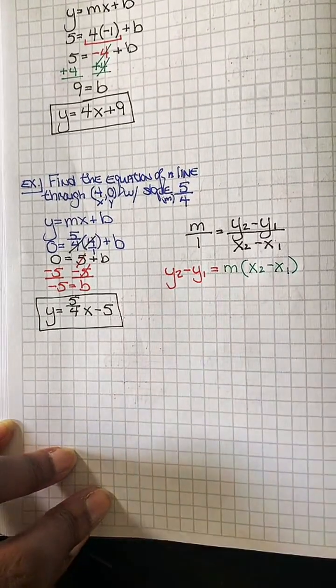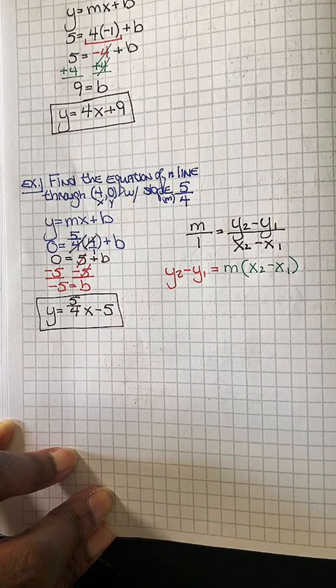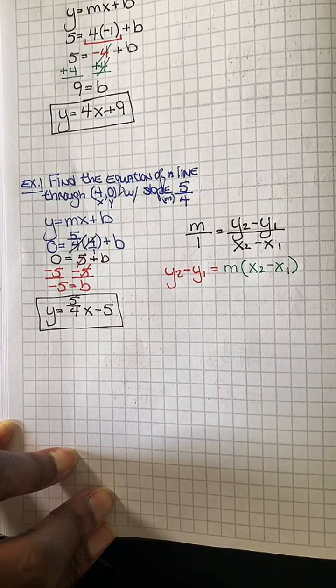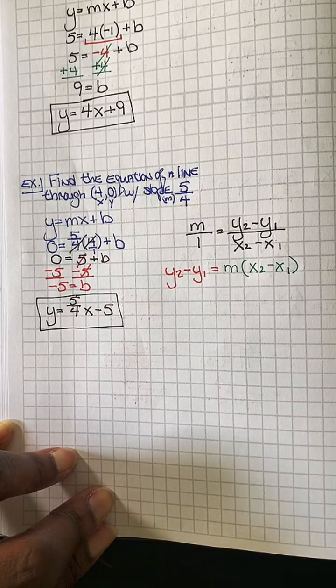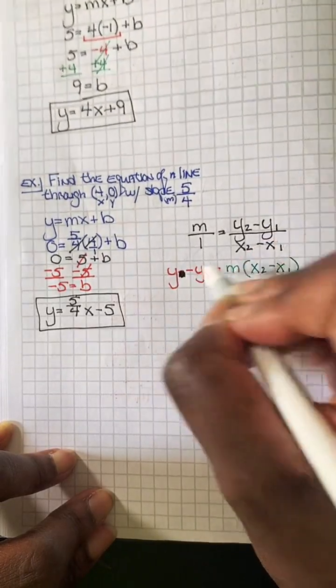What you just found is point slope form, but it's point, meaning singular. There's only one point. So since there's only one point, I don't need the sub 2's.